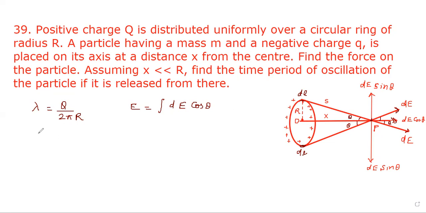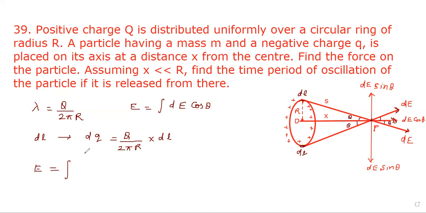Let the charge contained in length dl be dq, and this dq will be equal to charge per unit length, that is Q divided by 2 pi r, since charge Q is distributed over the circumference 2 pi r, times length of the element dl.